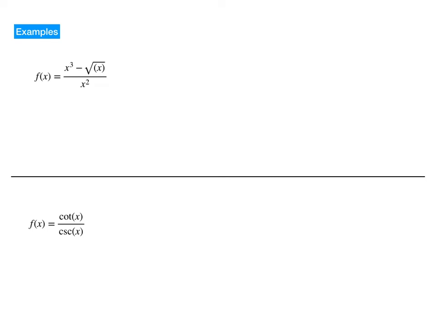Here are a couple more examples of how to use those rules. Let's say we want to find the derivative of these functions. But the first thing you want to think about is, can you simplify the functions? And the answer is yes in this case. You can separate the numerators using the denominator into two terms: x cubed divided by x squared, minus square root of x divided by x squared.